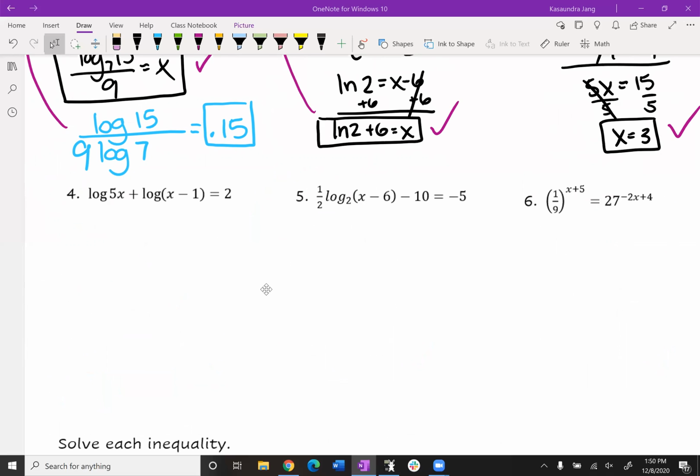Because of this plus sign in the middle of my 2 separate logarithms, I think I'm going to condense this down with multiplication. I need to multiply the arguments. I got to multiply my 5x times my x minus 1. So it's in a single log now, log of 5x times x minus 1.